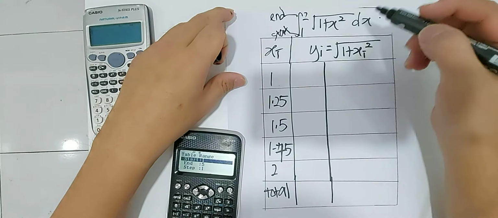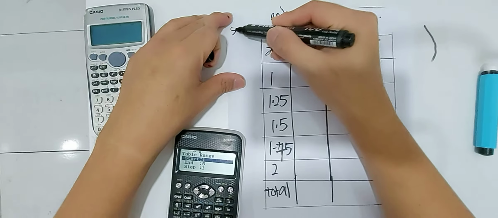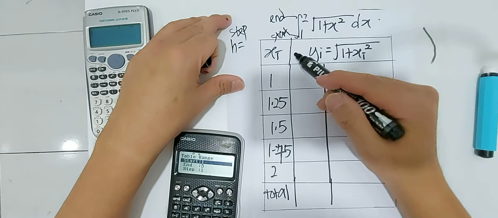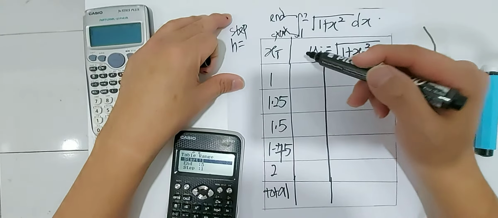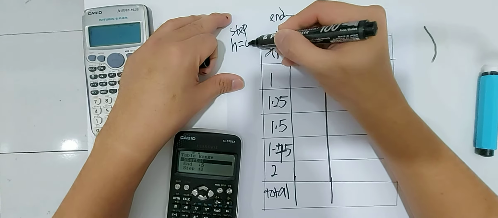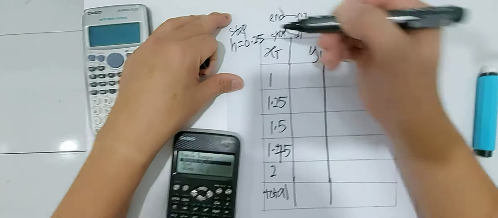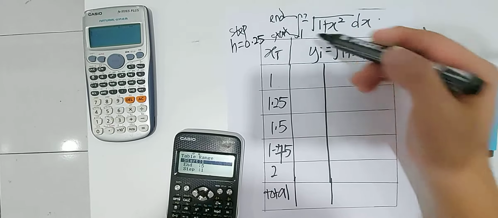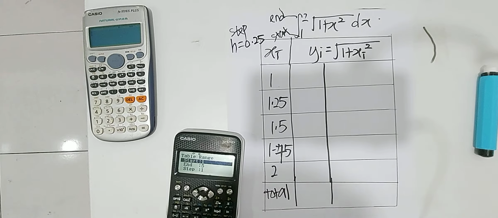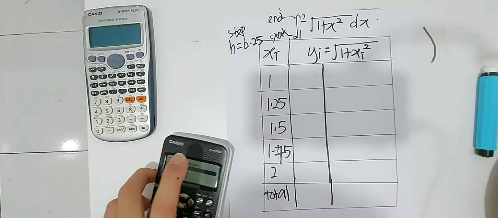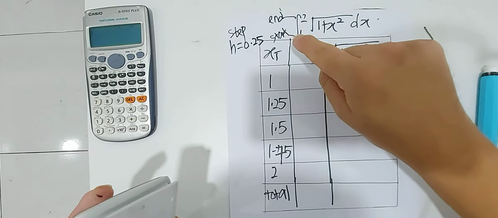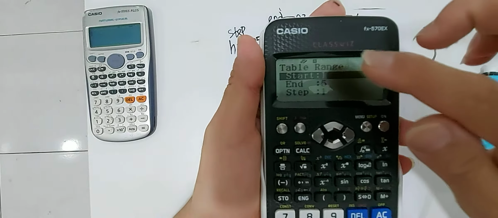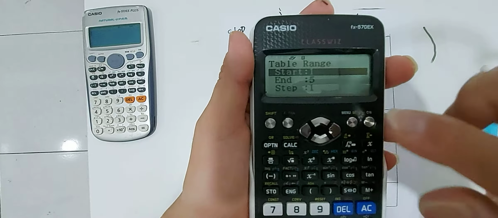And step will be the value of h. The value of h for this question, I've already found to be 0.25. H is 2 minus 1 divided by the number of intervals, which is 4, so I'm getting 0.25. You have to make it clear: start and step. That's why you see start and step here.